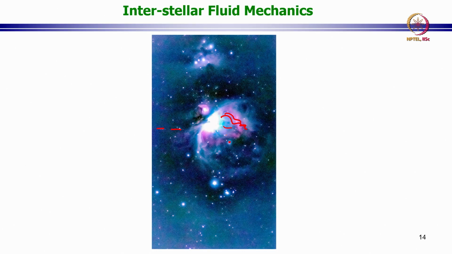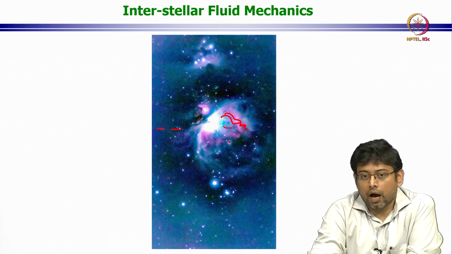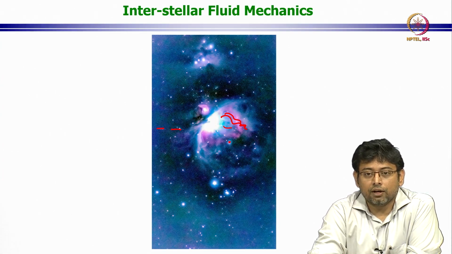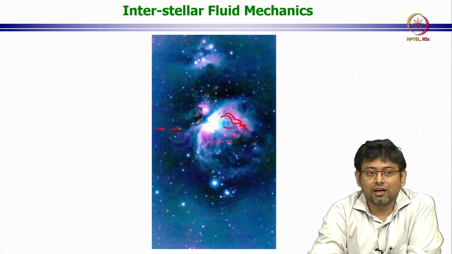These are obviously the stars, and in fact very highly magnified images from Hubble have also shown us that you have bow shock formations in these structures.